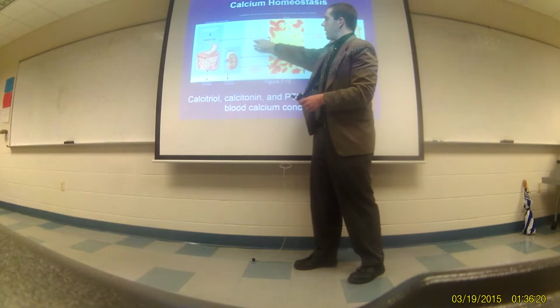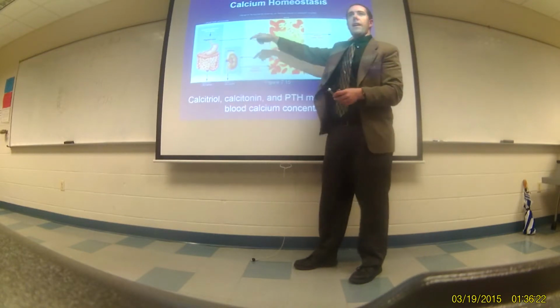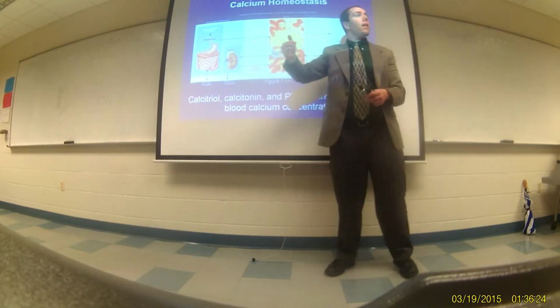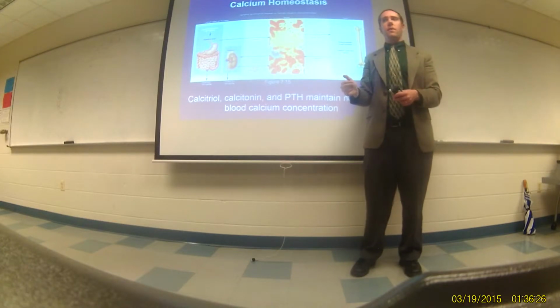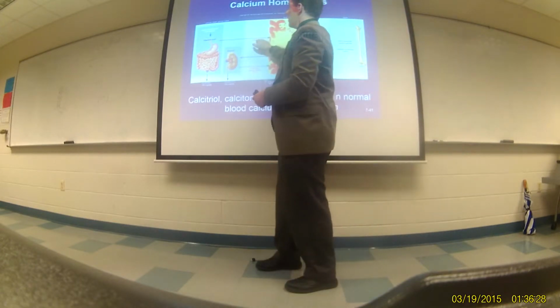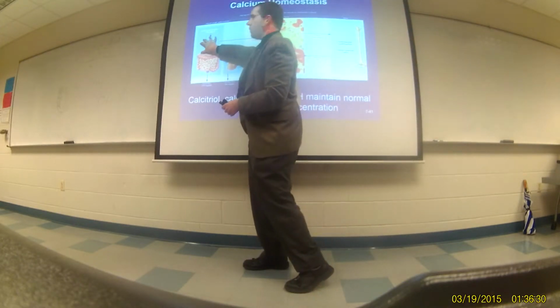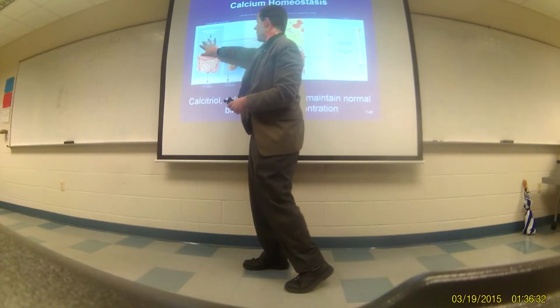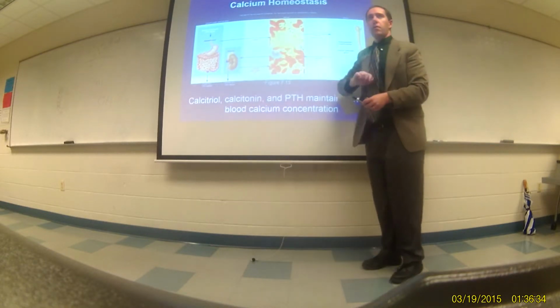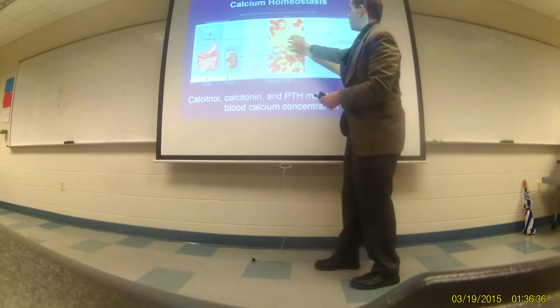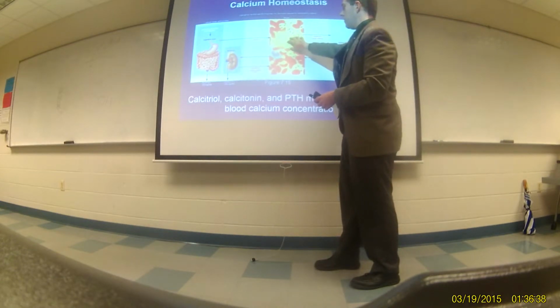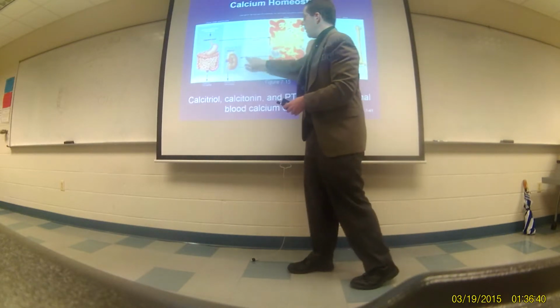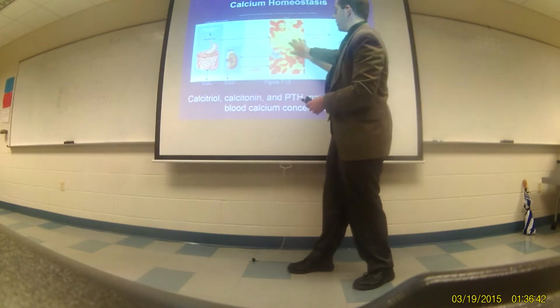And when we put calcitriol on that arrow, it's saying calcitriol is making this happen. So calcitriol is making the calcium that we ate in our digestive tract come over into our blood.